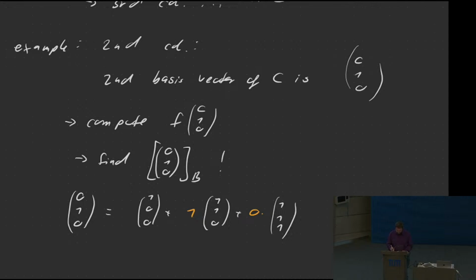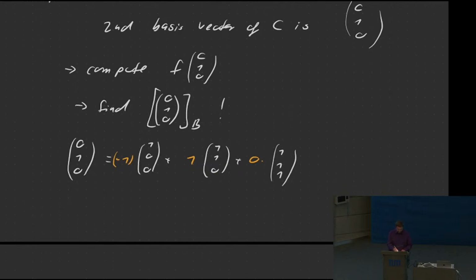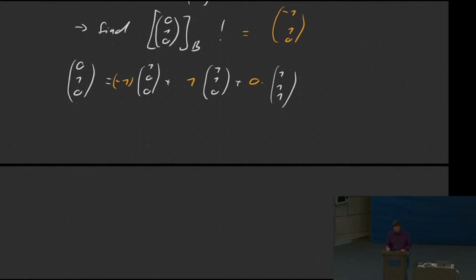And now let's see, in the first line we have 0 plus 1, and we want a 0, so we need to take this minus 1 times. And now we get minus 1 plus 1, that's 0. 0 plus 1 plus 0, that's 1. And in the last row, we have zeros. Okay, so our B coordinate vector is (-1, 1, 0).